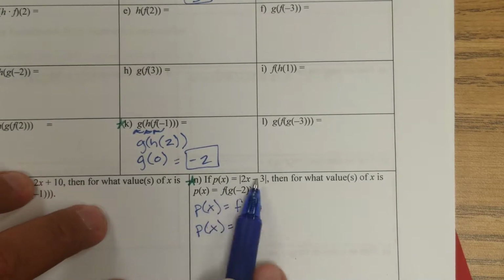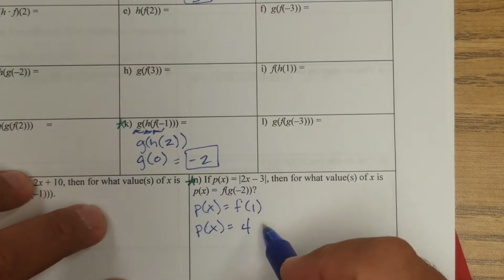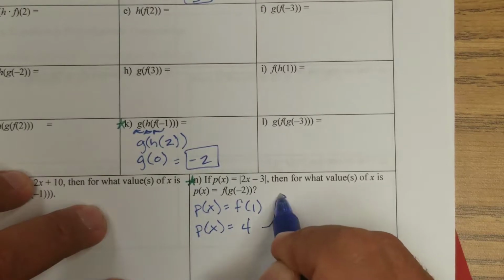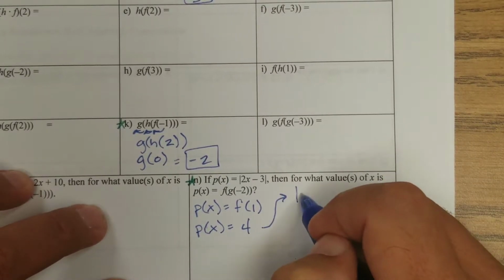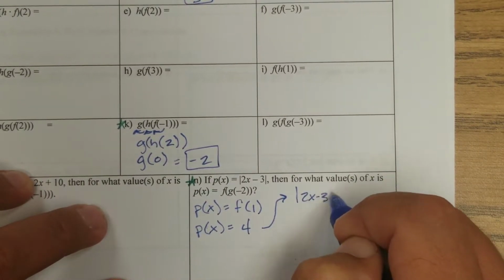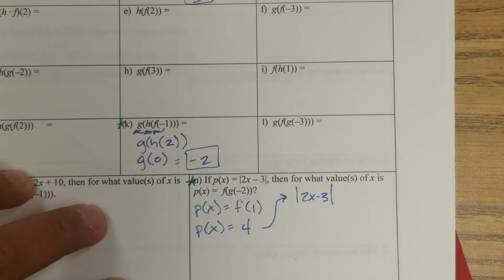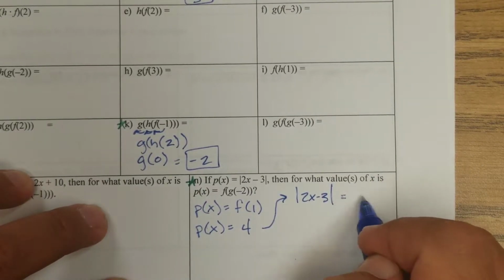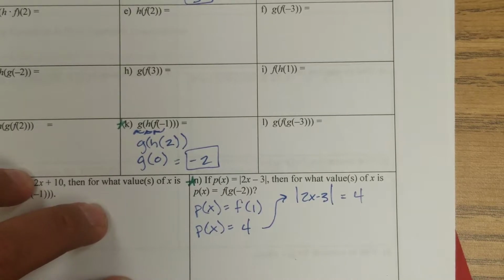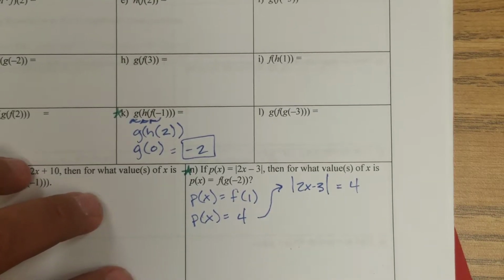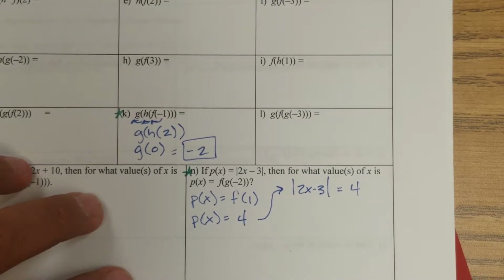So now let's take that p of x, and we'll say absolute value of 2x minus 3, there's your p of x, equals 4. Now some of you saw this when finding intercepts earlier in the week, working with the absolute value.